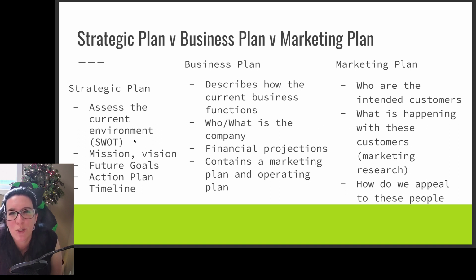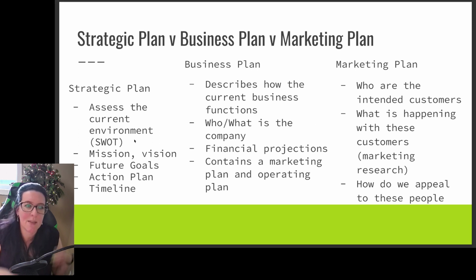So the work that we're doing in these next couple of videos really relates to the marketing plan. Understanding who our intended customers are, what is happening with these customers, so we're conducting some marketing research, and deciding how we're going to appeal to these customers. So we would see in our strategic plan that we would have functional strategies that would inform where we are going regarding our customers.